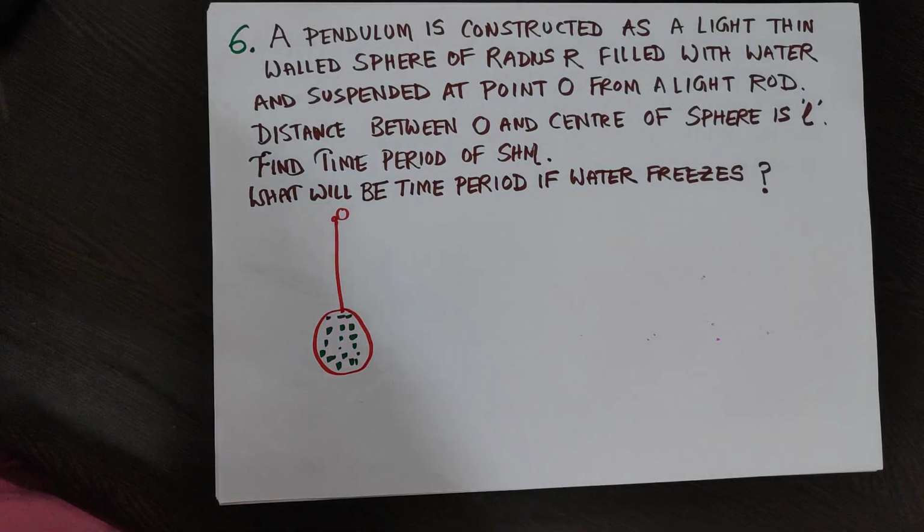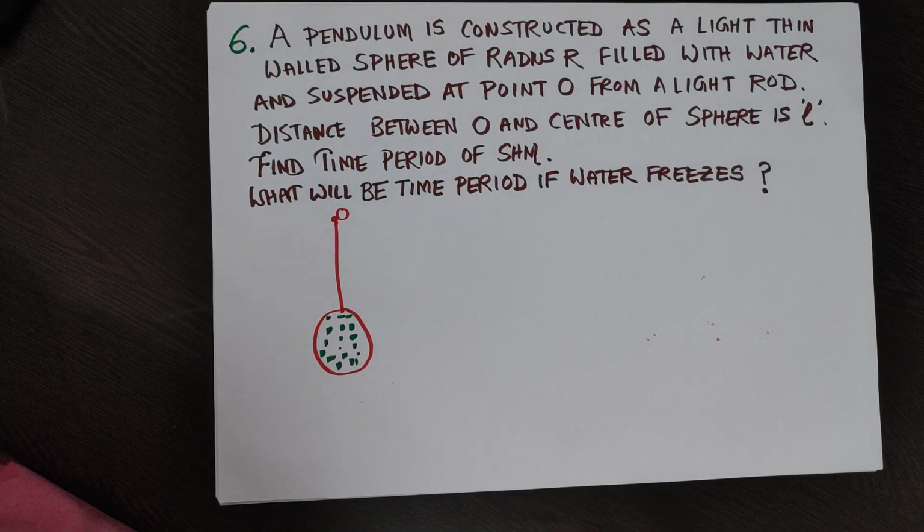Now let's move on to this problem. A pendulum is constructed as a light thin walled sphere of radius r, filled with water and suspended at point O from a light rod.